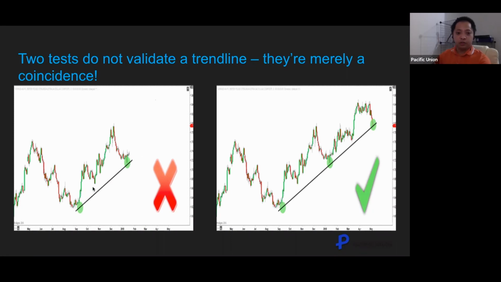So if there are only 2 touches, this is still a trend line, but it's not a validated trend line. You need to have 3 touches to consider it a valid trend line.